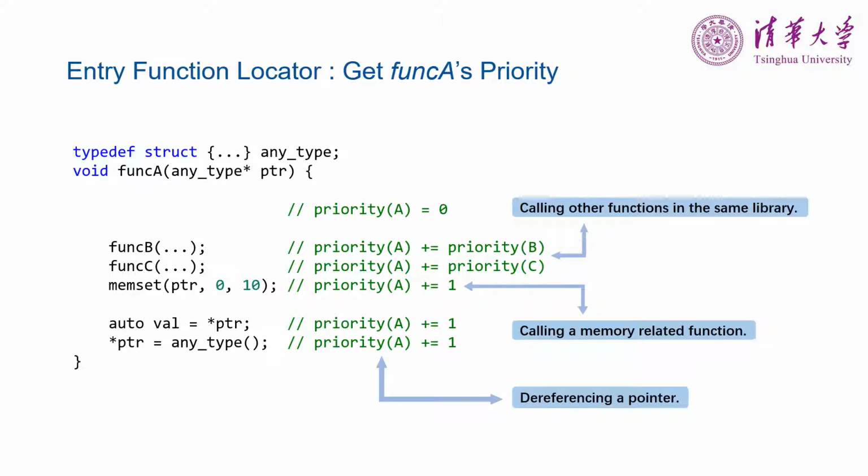Moving on, function A dereferences a pointer twice, so we add 2 to function A's priority. Finally, we can get the priority of all functions defined in the target library by repeating the above process. After getting all functions' priority, IntelliGen will synthesize fuzz drivers in the order of their priority.